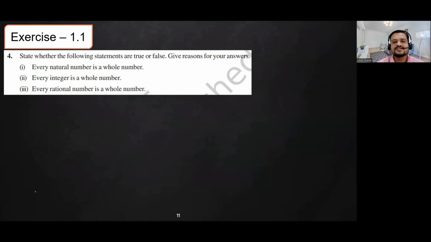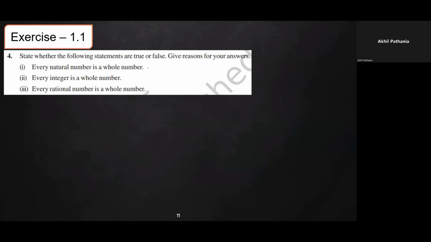State whether the following statements are true or false. Give reason for your answer. Every natural number is a whole number. What do you say? Is it true or false? Yes, Akhil. Sir, it is true because natural numbers are whole numbers only.